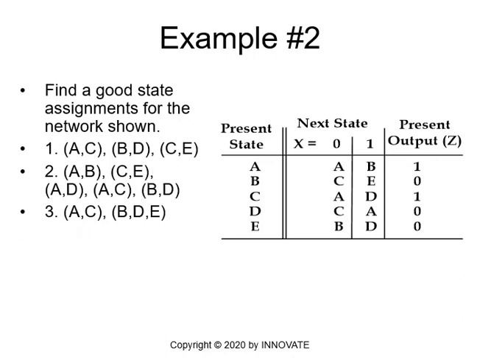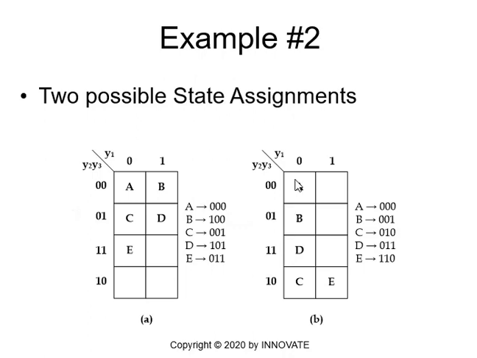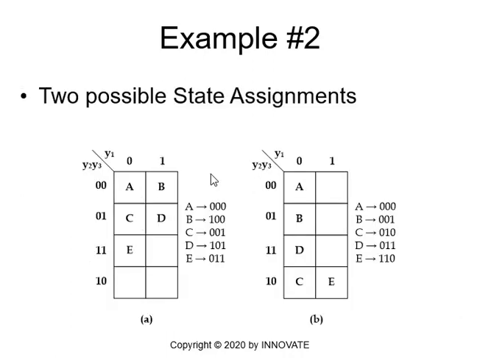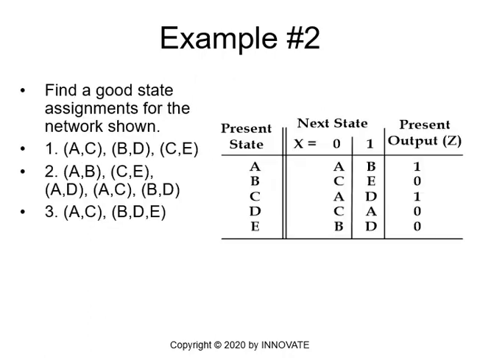AD, we cannot meet AD. AC and BD: AC is met and BD is met. So we met a lot from guideline number 2 and all of guideline number 1.